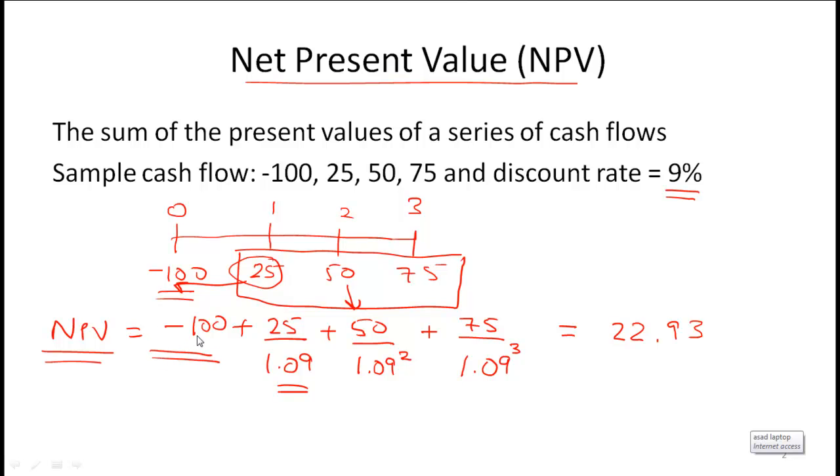Notice the minus 100 in this calculation. So the present value of the future cash flows is 22.93 more than the initial cash flow of minus 100. And what this suggests is that this project should be done because it is making you better off.